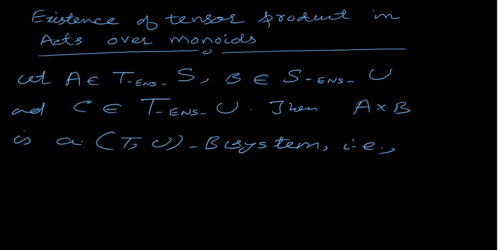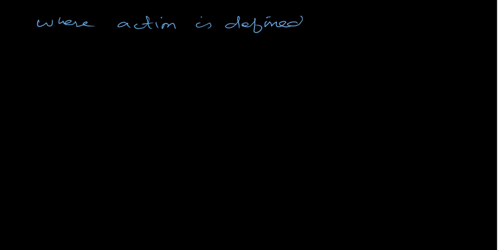That is, this A cross B belongs to T-Ens-U, where the action is defined by... So we need to show that it is TU.